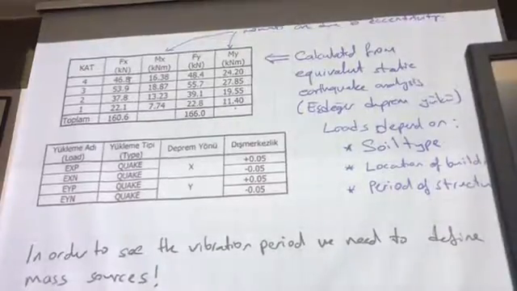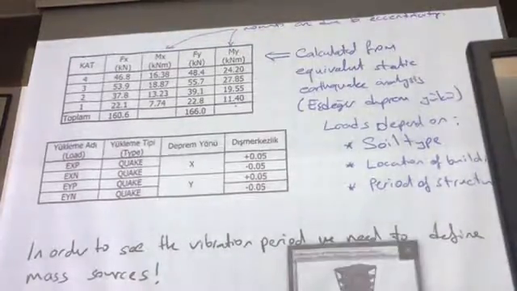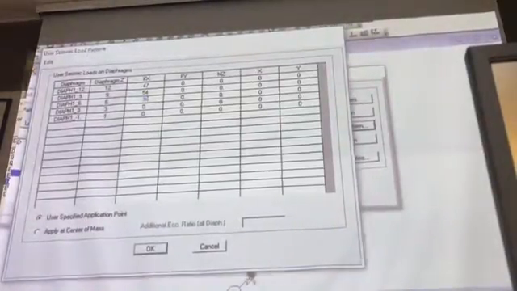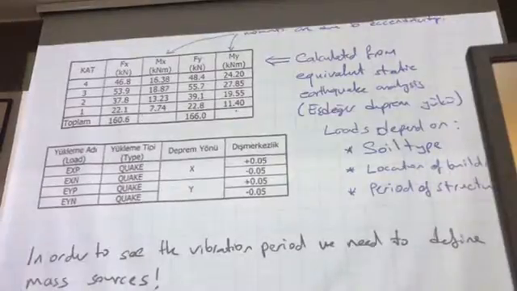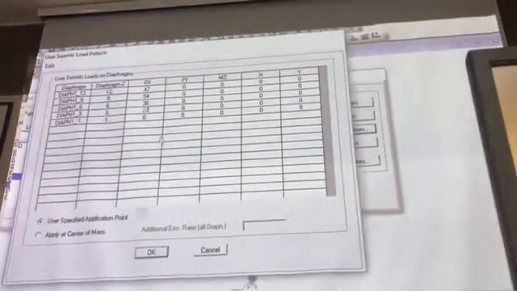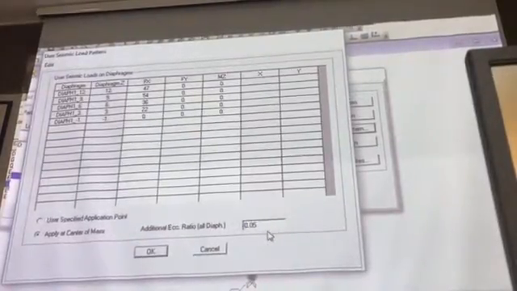Sorry, 46, 47, 50, 47, 50, 36, 46, and 22. And eccentricity is negative. Negative. Okay.